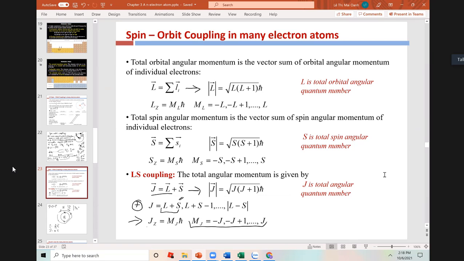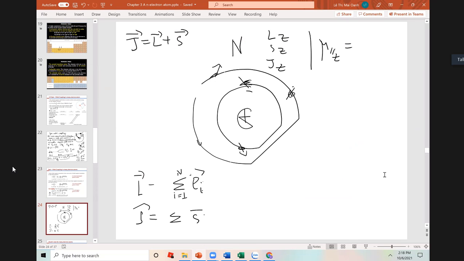In the many electron atom, you have similar models for spin orbit coupling, and you will have L and S and J quantum numbers.